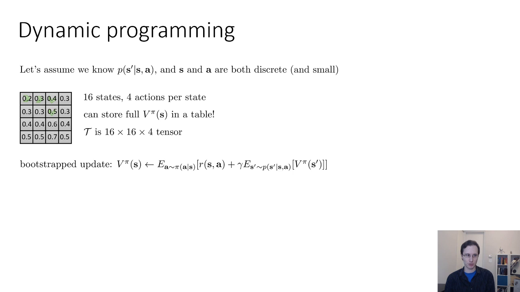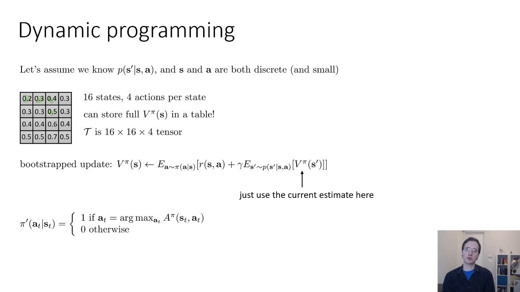And if you have a tabular MDP, meaning you have a small discrete state space, and you know the transition probabilities, this backup can be calculated exactly. So each of the expected values can be computed by summing over all values of that random variable and multiplying the value inside the parentheses by its probability. And then, of course, we need to know V pi S prime, so we're just going to use our current estimate of the value function for that value. We're going to basically take that number from the table.